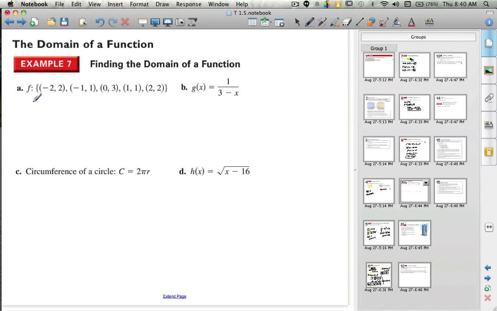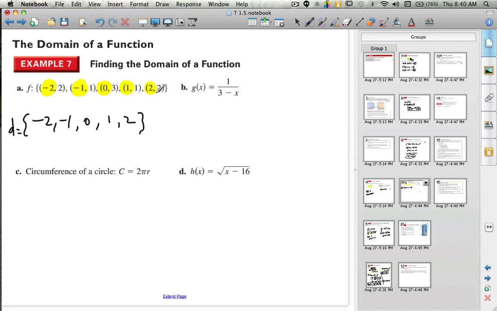Or in the case of this first example where they gave me a discrete set of values, these are all the values, so my domain is limited to these values here. I'm just looking for the inputs, just the x values. So my domain would be -2, -1, 0, 1, and 2. That's my domain.